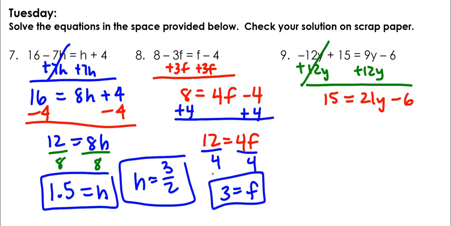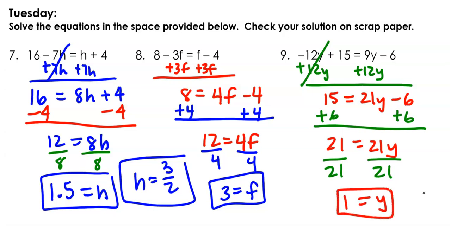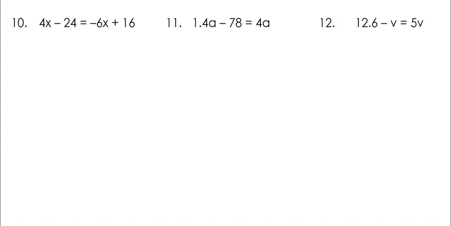I'm going to add 6 to both sides, giving me 21 equals 21y, and then divide both sides by the coefficient, and I get y is equal to 1. Last 3. I'm going to add 6x to both sides.